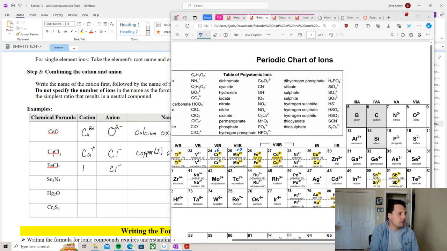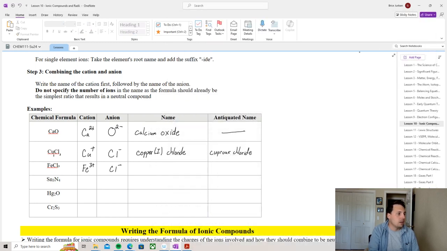So this has to be iron 3+, which comes out to be iron(III) chloride. And in the antiquated name, we would give this the name of ferric chloride.